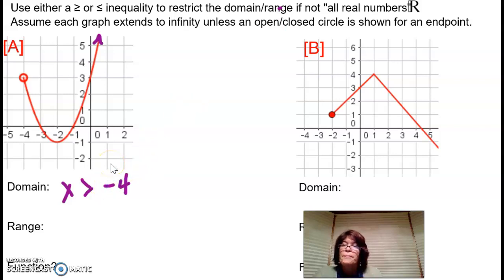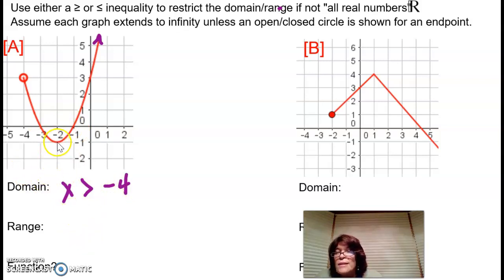I can't be -4, but I could be -3.99999. I can be -3, -2, -1, 0, 1, 2. It just keeps going up higher and higher. Okay? So the domain is x is greater than -4.